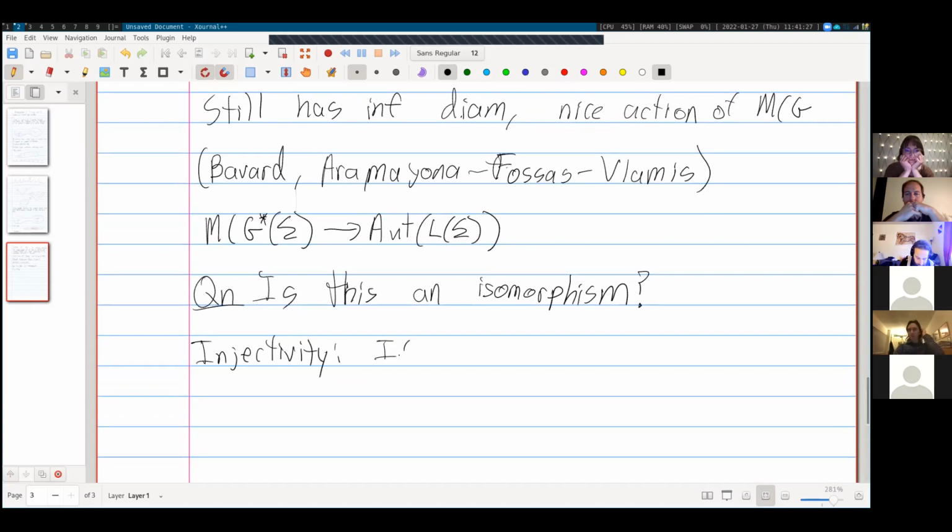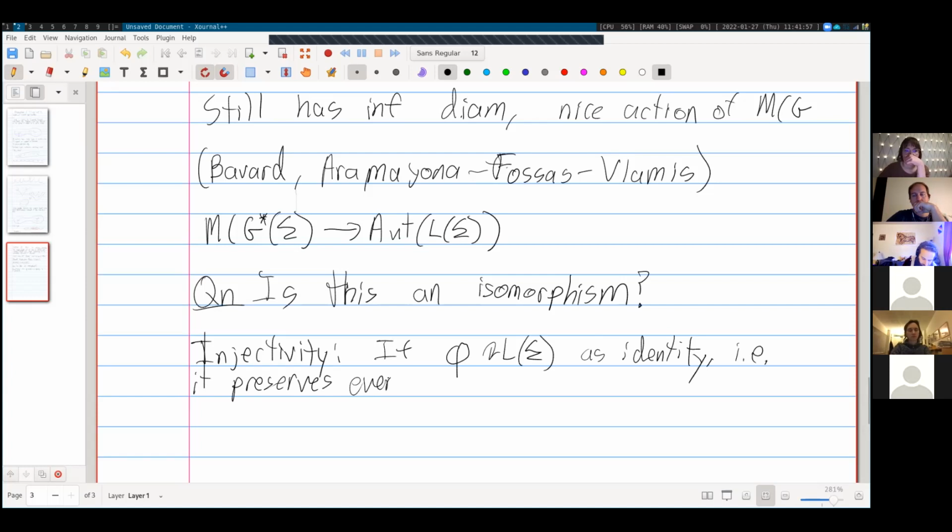If some mapping class acts on the loop graph as the identity, in other words it preserves every loop, then by pulling those loops off of the puncture, it has to also preserve every curve.